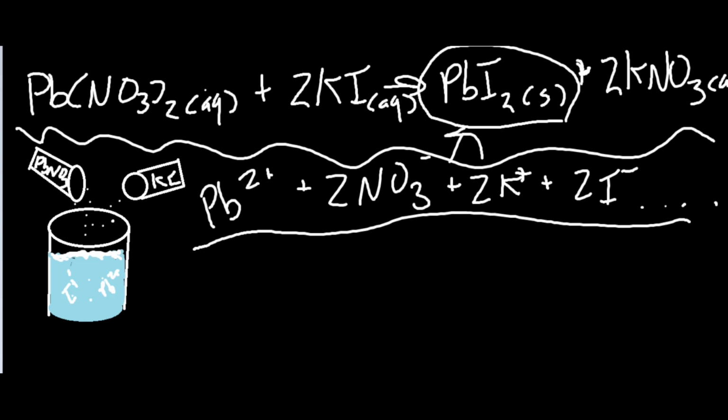So we are going to be cutting out things known as spectator ions. Let me complete this equation really quickly.